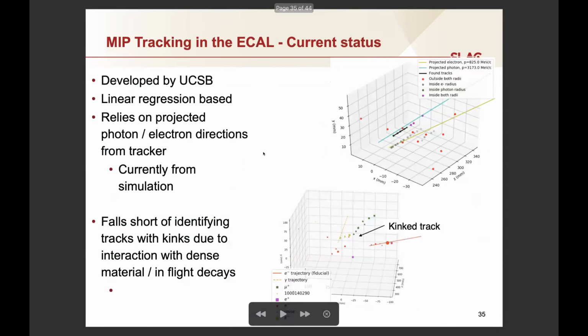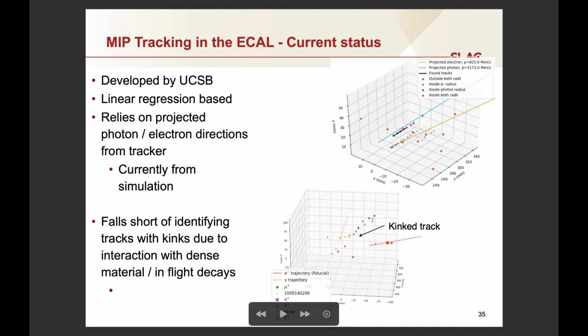There is a drawback that the algorithm that is present now uses a plain linear assumption for these charged hadrons, and they have to be close to the photon projected direction. Kink tracks, on the bottom part of the slide, you can notice a kink between this kaon and this muon, they are not reconstructed.